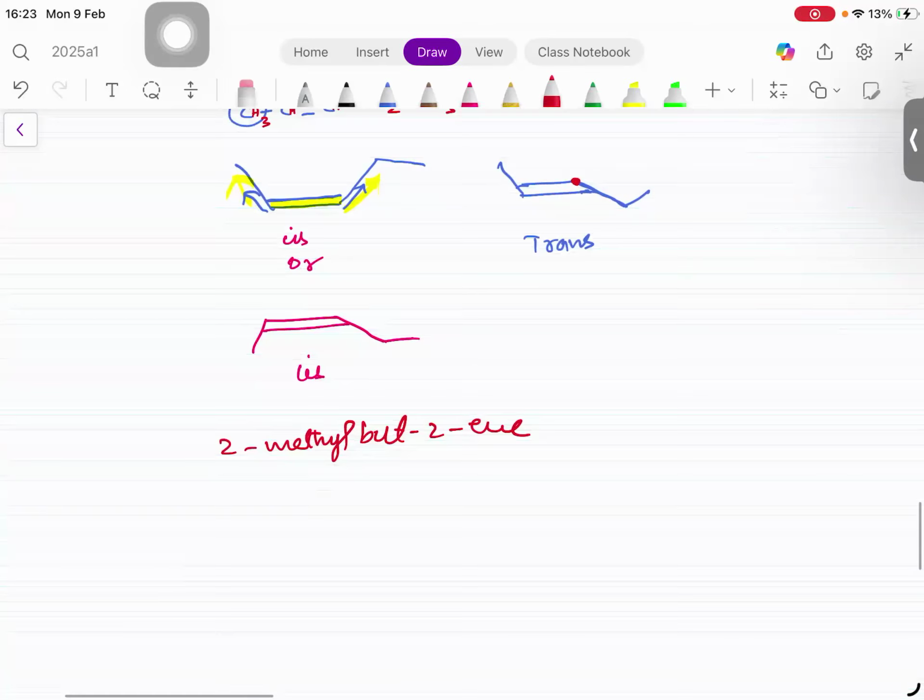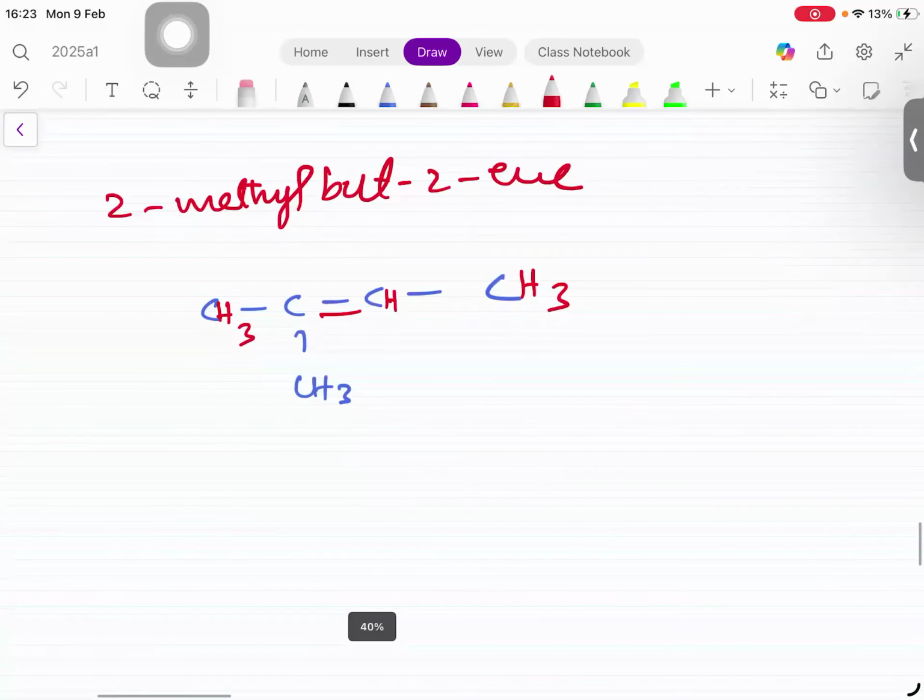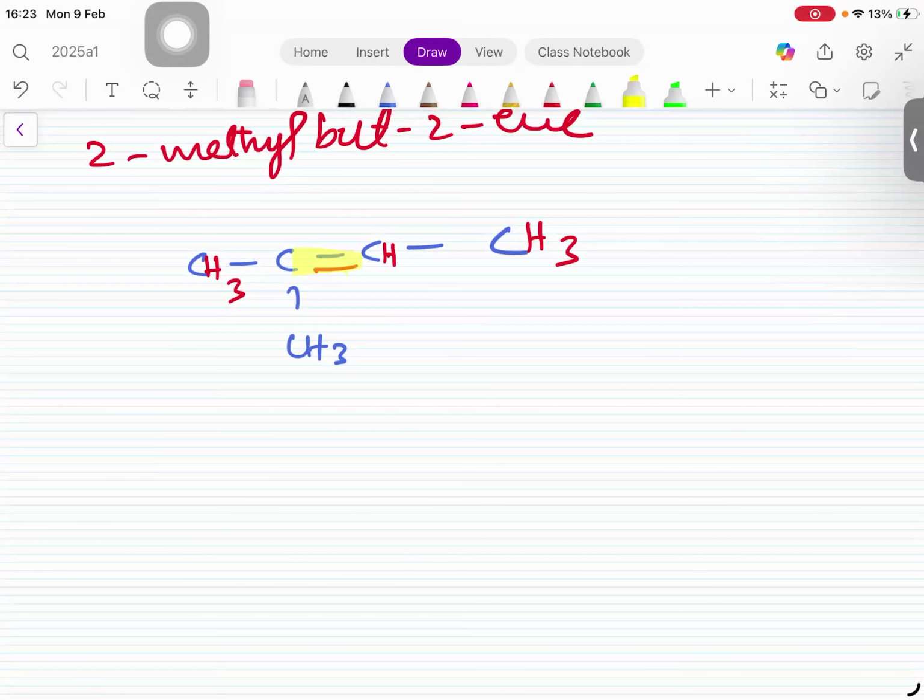Okay, 2-methylbutene. First, we have to draw the structure 1, 2, 3, 4. And here is 2-methyl, and here is butene. Here is CH3, H and CH3. Now, as soon as I draw the normal formula, I can see the two similar groups attached. So I know there's no cis trans isomer.